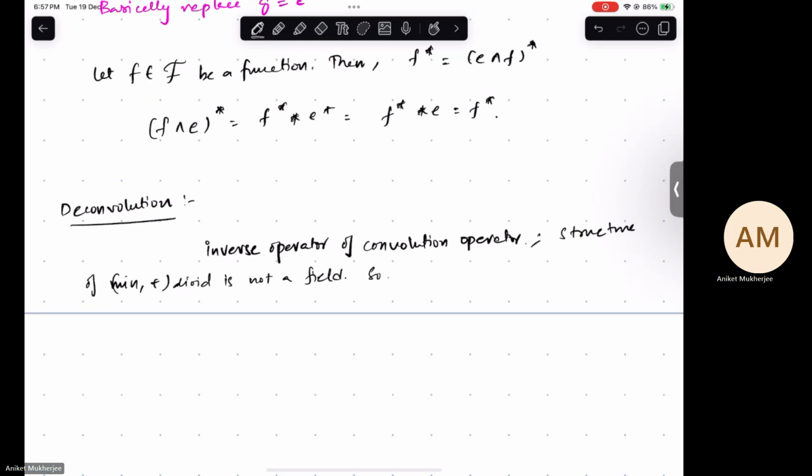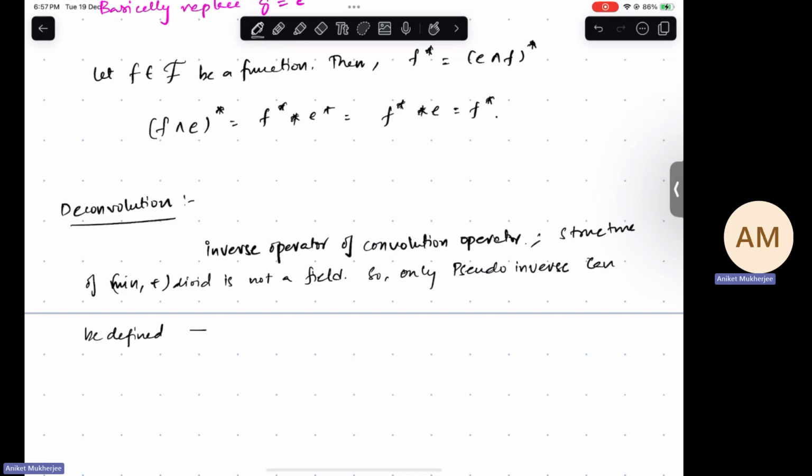And so only a pseudo-inverse can be defined on the min-plus dioid.